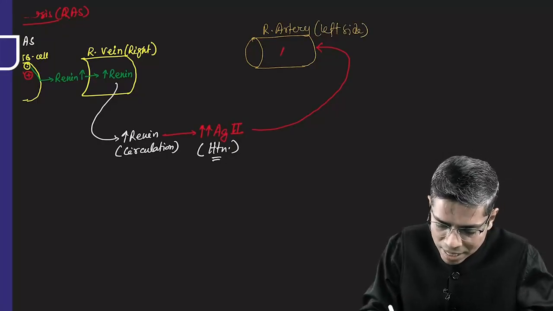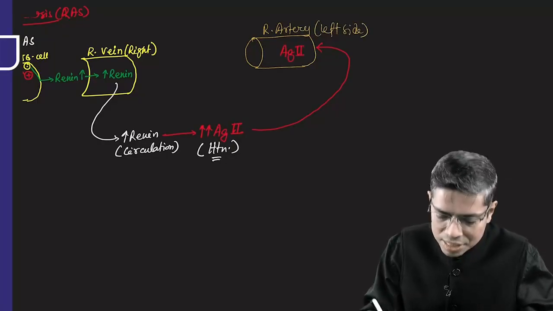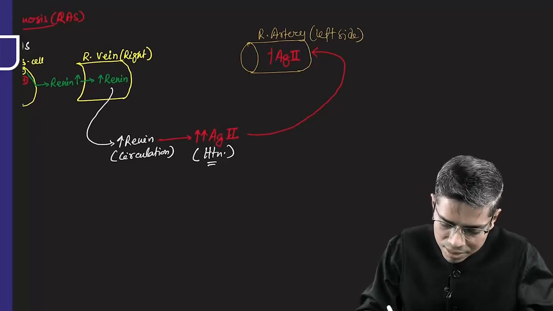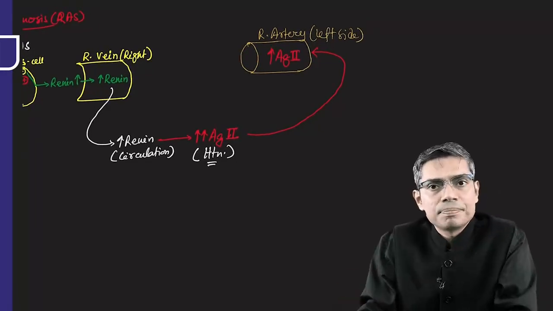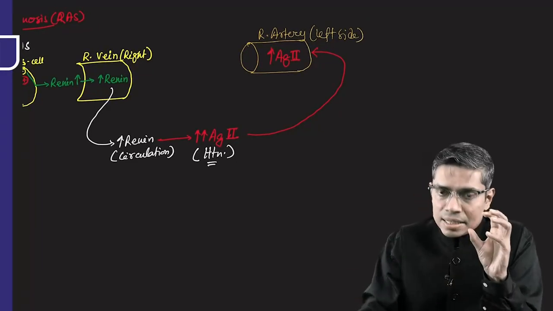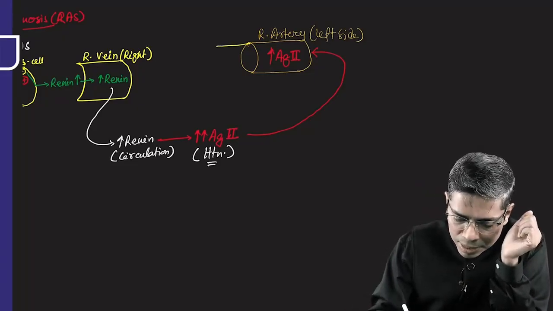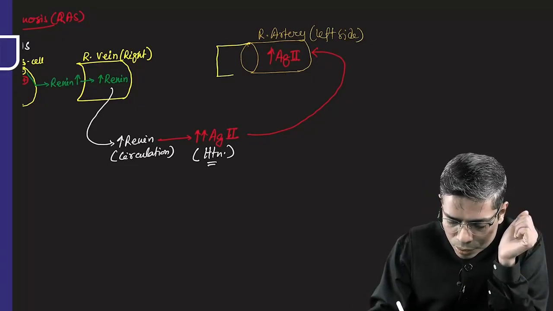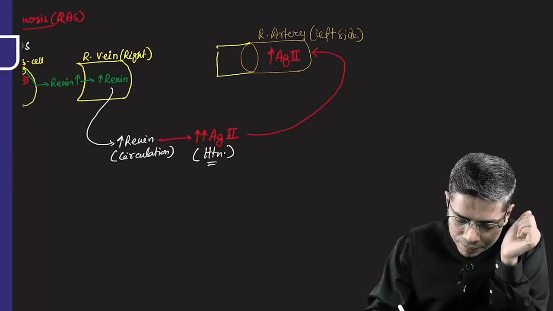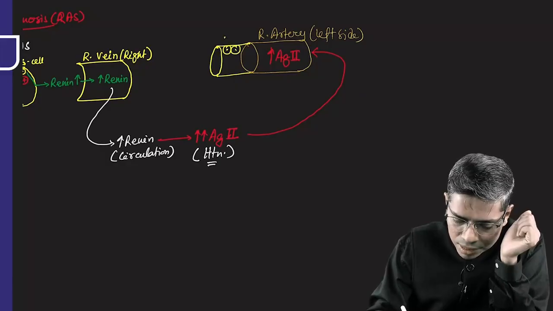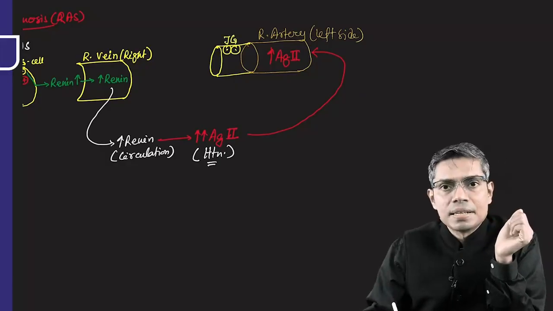Huge amounts of angiotensin 2 will also reach the level of the left renal artery. Now this angiotensin 2 will ultimately reach the level of the JG cell, because I told you already that this renal artery will give rise to this afferent arteriole. So these are the JG cells of the left side, right?